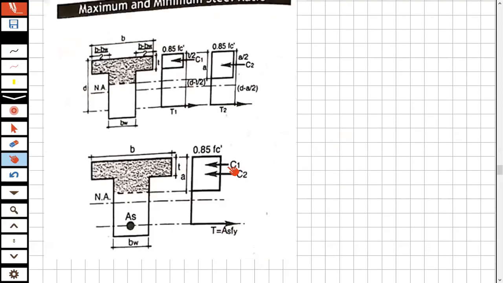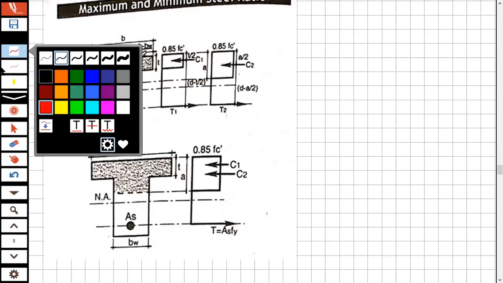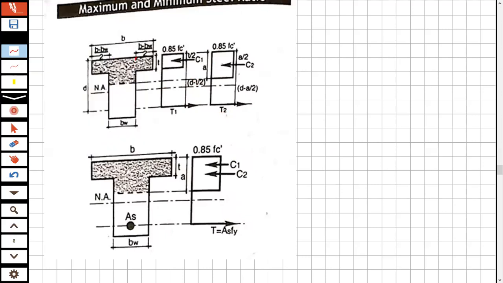Okay, so let us analyze how we can compute, let's say, there's still a reinforcement, what is the depth of the compression block. So as I was saying, we're going to separate. I'm going to separate this one and then this one. So for C1, we'll just consider this area along with the thickness of the slab.